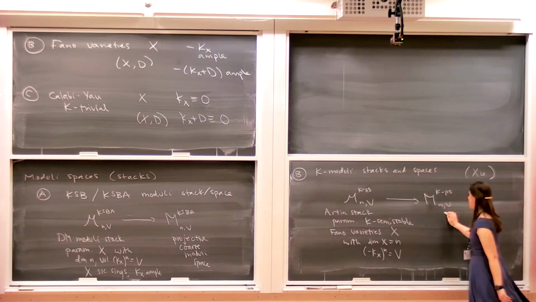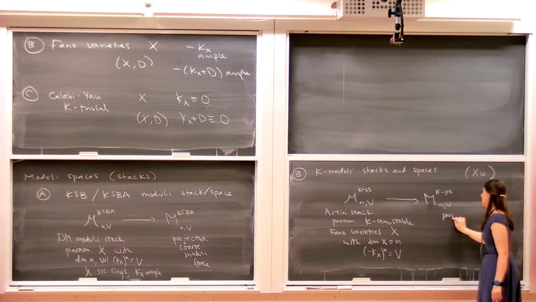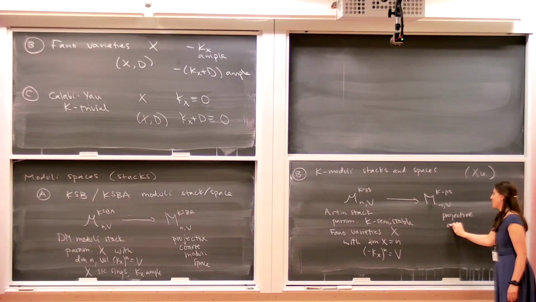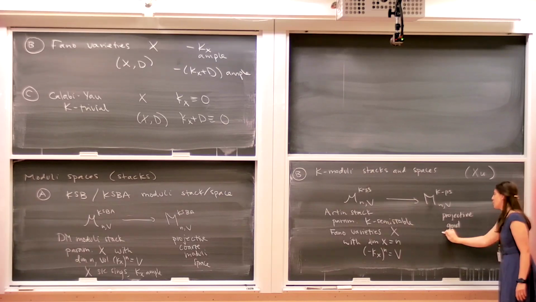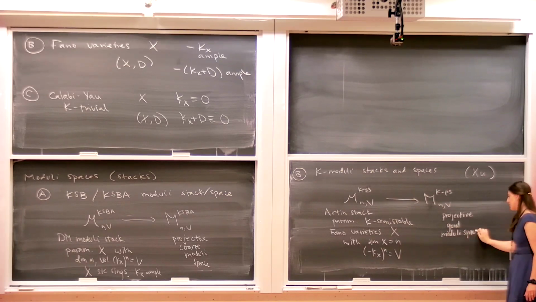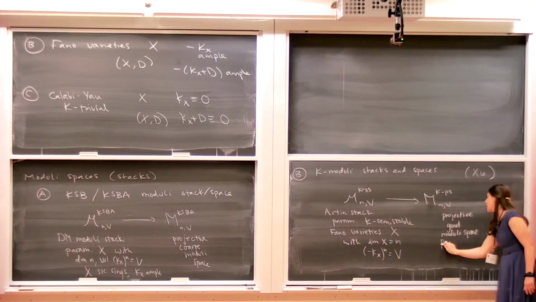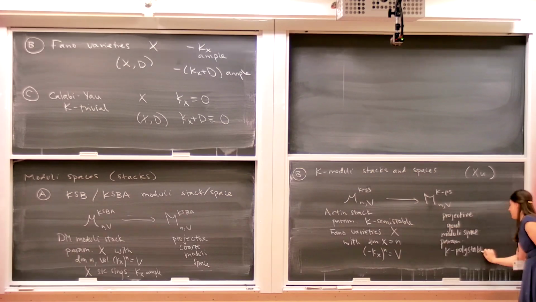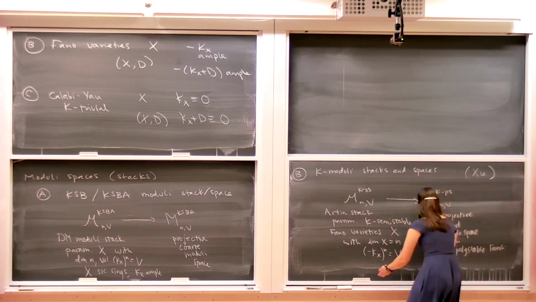And then we have, again, a projective moduli space that's called a good moduli space. A good moduli space is worse than a coarse moduli space. I'll say a little bit about what that means momentarily, but we have a projective good moduli space that parameterizes the K-polystable objects.